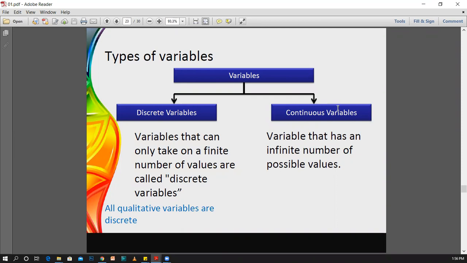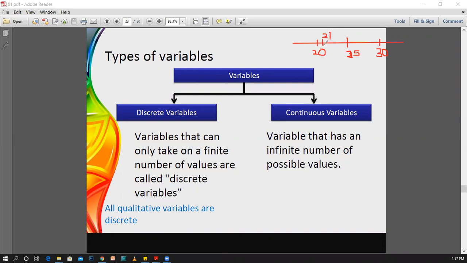But once you come to continuous variables, they are variables that have an infinite number of possible values. Think about the weight of a student. If you draw the scale, here it is 20 and here it is 30. In between 20 and 30, you may have another value, 25. In between 20 and 25, you may have 21.